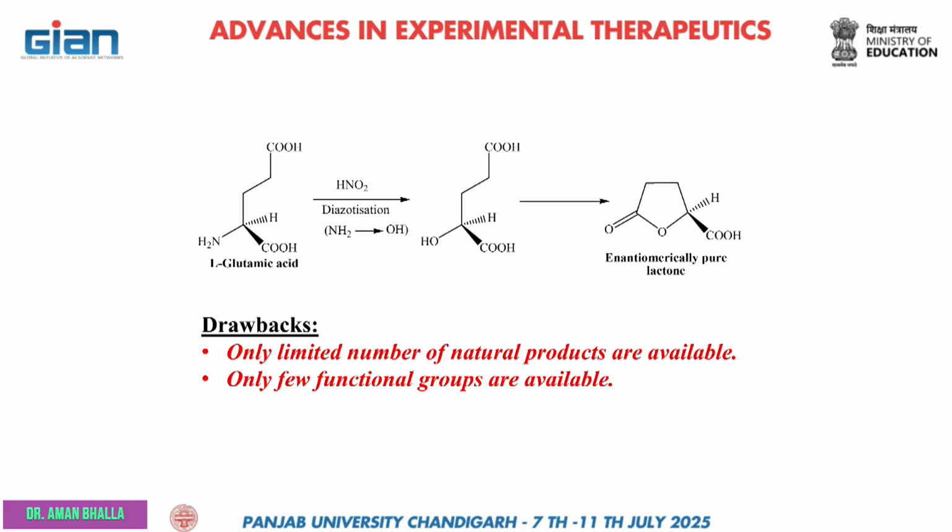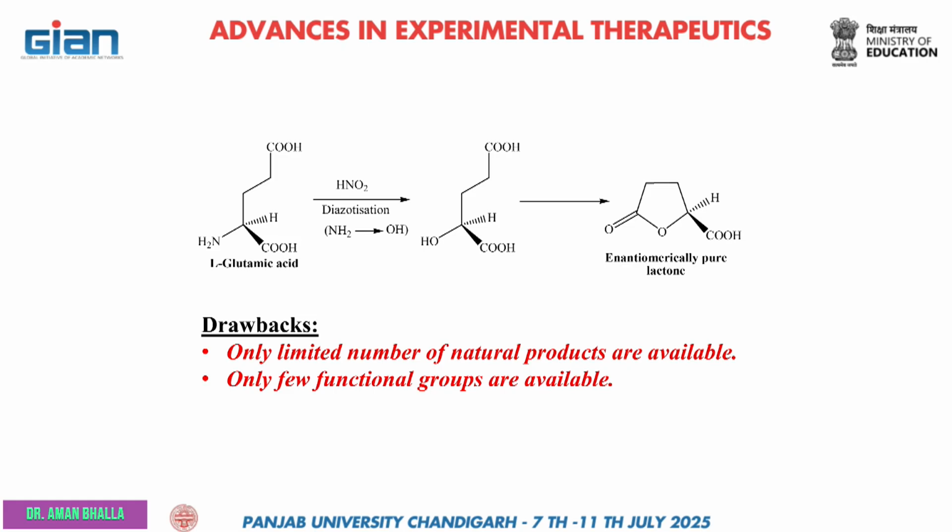Now if I say that this enantiomerically pure lactone unit is a part of a molecule which is required for an antiviral drug, then you have to prepare this unit. Now how can this occur? See, the starting substrate is L-glutamic acid. In L-glutamic acid, can you see the chiral unit? Is it exactly the same as what you desire in your product?